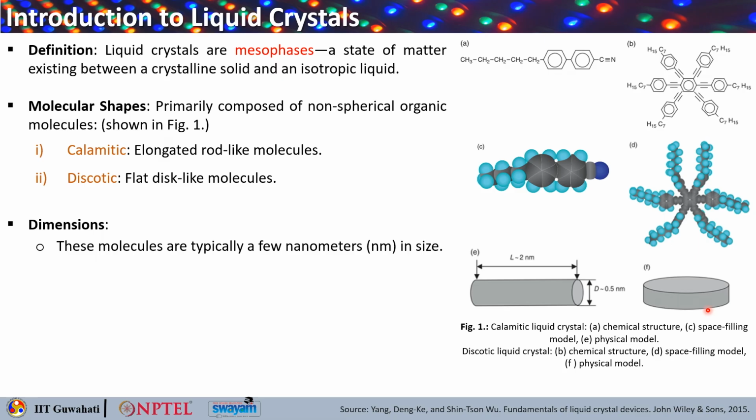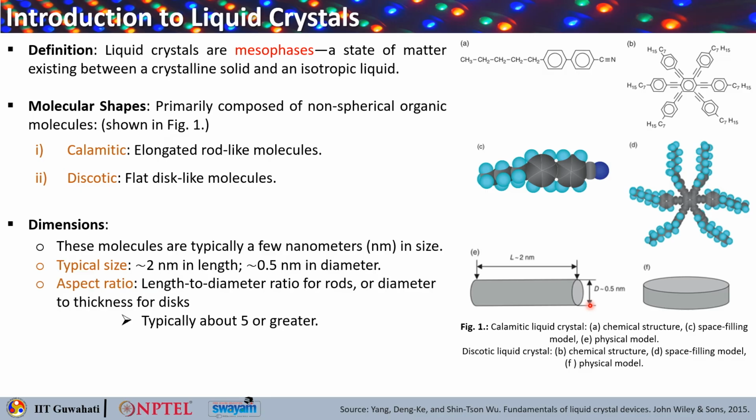So, what are the dimensions? The dimensions of these molecules are typically a few nanometers in size. The typical length will be around 2 nanometer and the diameter is around 0.5 nanometer. The aspect ratio is the length to diameter ratio for the case of rods, and if you think of discs, it is the diameter to thickness ratio.